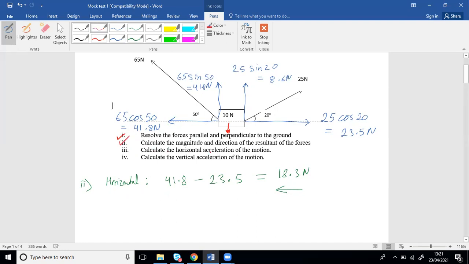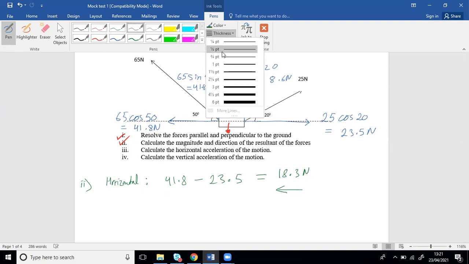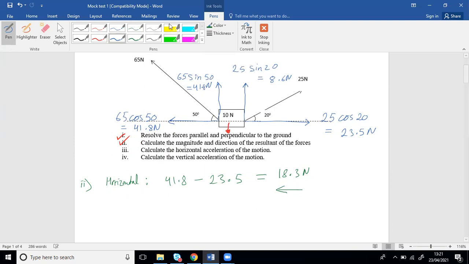And the third one, calculate the horizontal acceleration. Sorry, I've not finished the second one, so it still needs the vertical component. So the vertical component would be, now we need to add these two forces because they're acting in the same direction. They're both going up. Take away 10 Newton, which is going vertically downward.